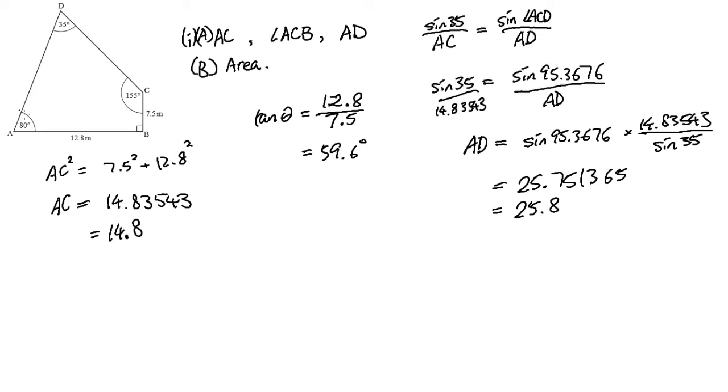But the thing is, we do not know that angle. It's not 80 because 80 is DAB instead of CAD. So we need to find CAB first. So angle CAB is just 90 take away ACB, which is 30.4 degrees.